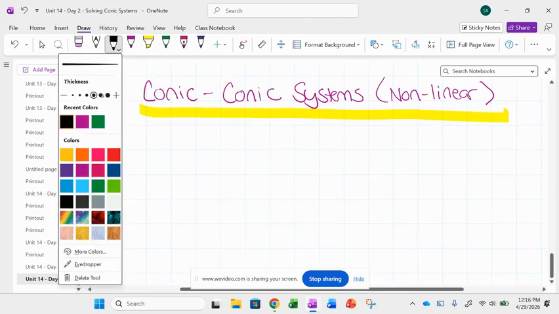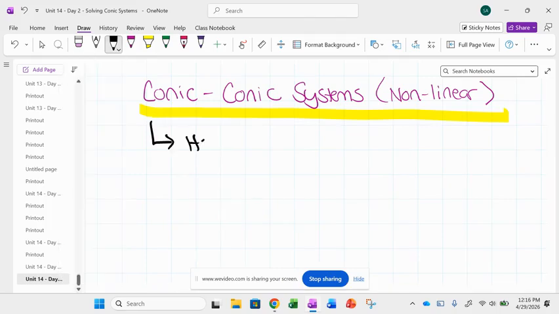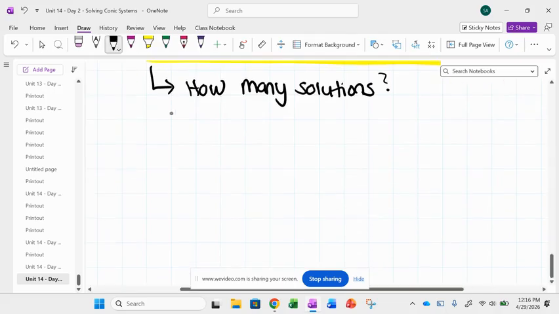So my first question is going to be, how many solutions can we have if it's not the same conic? So Justin's saying 4 or less. Does anybody have another guess? Well, if it's not the same exact conic. Okay, so the only offer we have right now is 4 or less. Nobody is countering that.